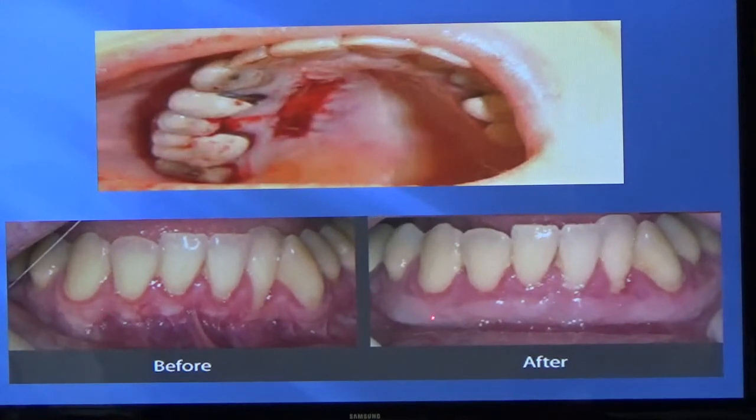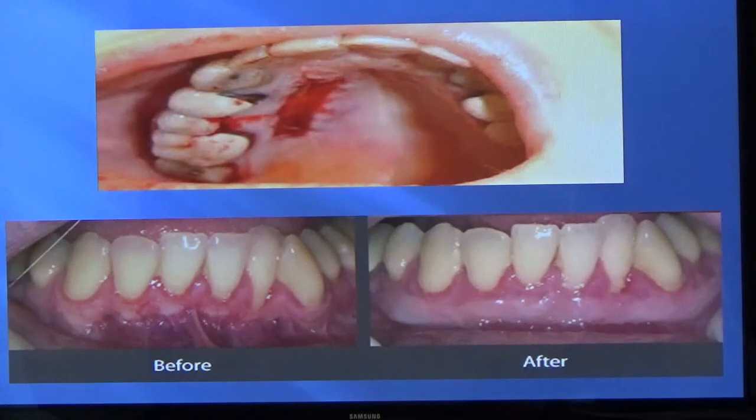How long does something like that take to heal? I mean, it's got to be sore for the first week. It's kind of like an ulcer, you know. It's gonna hurt. So they'll put maybe like that perio covering.